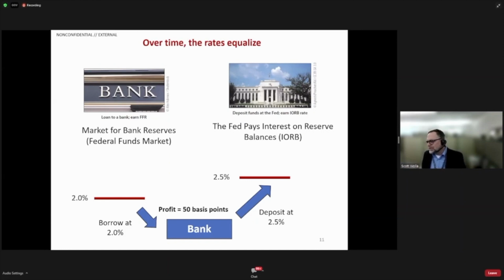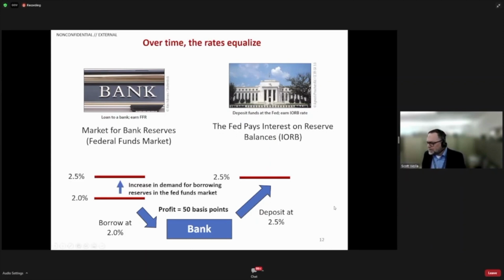Because these are both short-term rates, and because they have a similar risk involved, they're seen as almost interchangeable transactions. And so any difference between them gives banks this opportunity to profit.